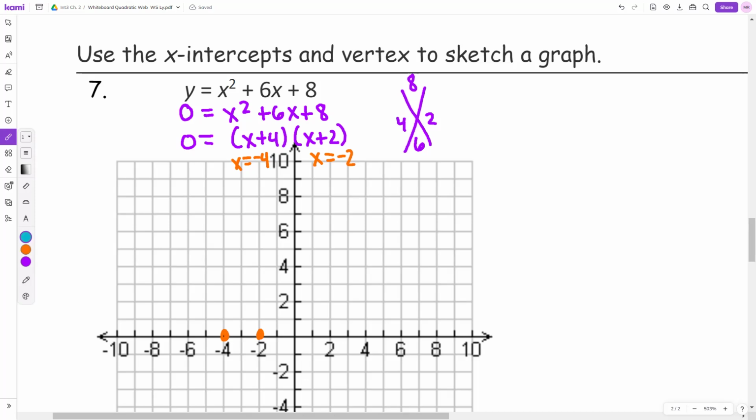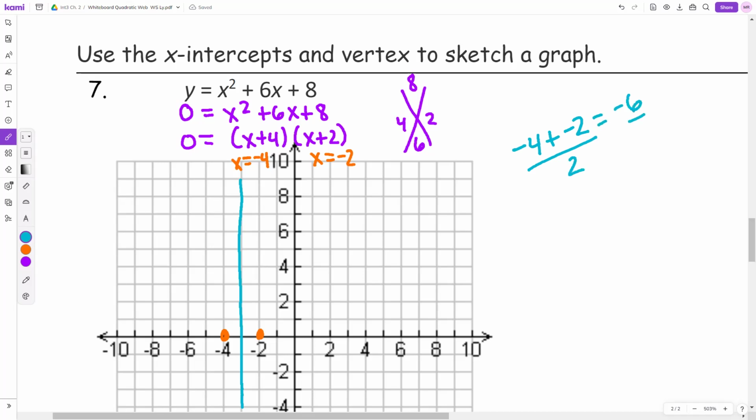It's always going to be halfway. So I know halfway between my -4 and my -2 on this line somewhere is going to be my vertex. To find that halfway in between, really you can average your two x-intercepts, add them up, divide by 2.